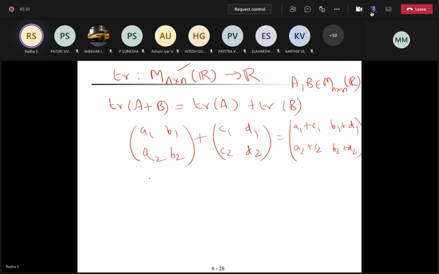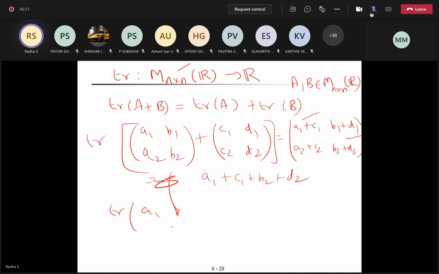So what is the trace of this matrix? It is (a1 plus a2) plus (d1 plus d2). This is the trace. Just an example I'm taking.